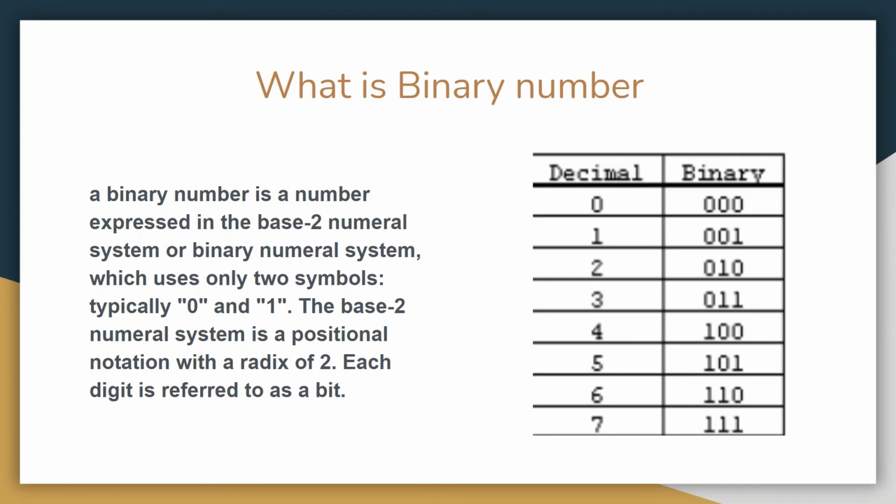But in the case of 2, there is no symbol 2 in binary, so we have to represent it. We take 1 first and then follow with 0.